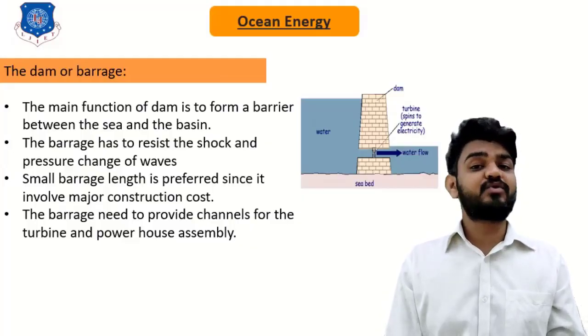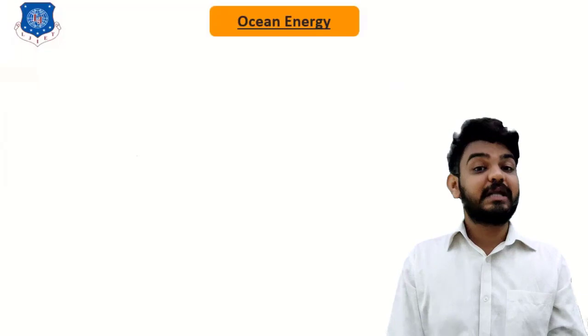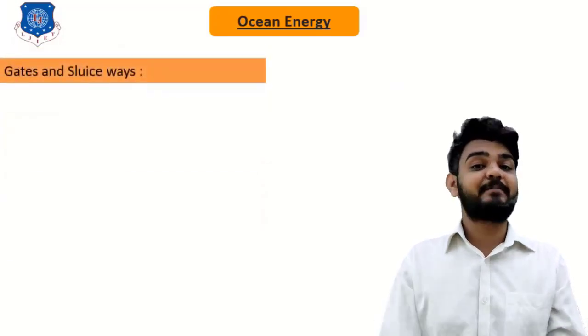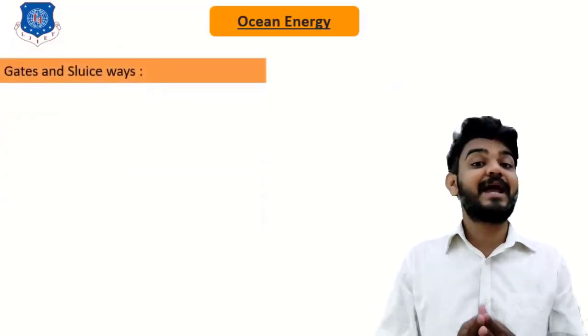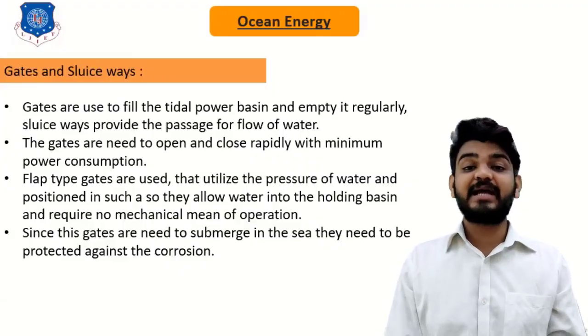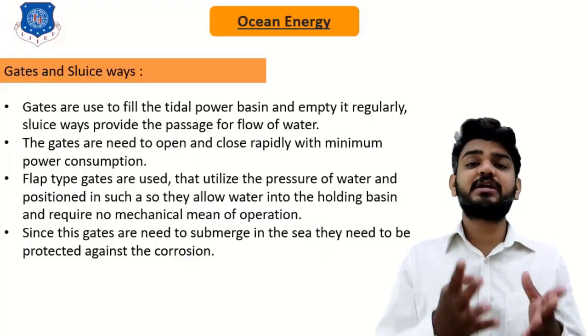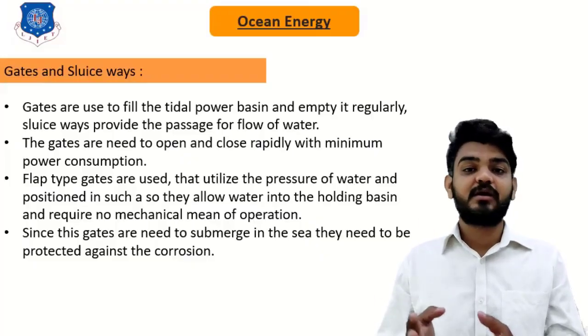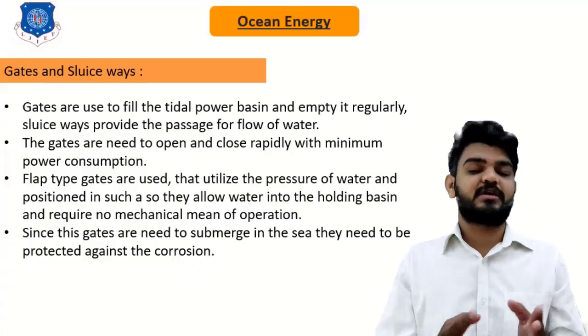Now let's move to the second component of a typical tidal energy power plant, and that is gates and sluiceway. Well, gates are used to control the flow of water either from the ocean to the basin or from the basin to the ocean.